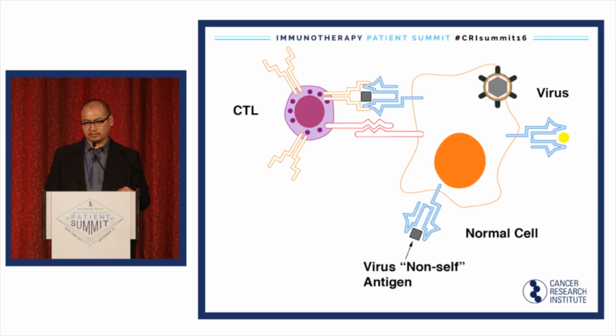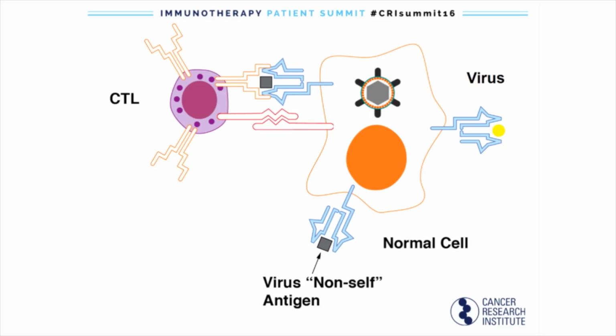So what happens when a cell gets infected with a virus? Here's a virus, it gets into a normal cell. Viruses hijack your cell's protein production machinery and use it to replicate themselves. And they'll make virus proteins. Some of these virus proteins will end up on the surface of the cell in the major histocompatibility complex. Now, a cytotoxic T lymphocyte is circulating around.